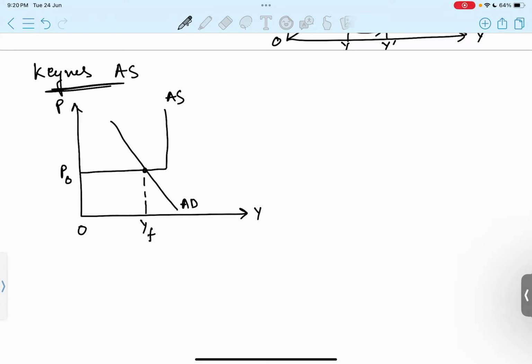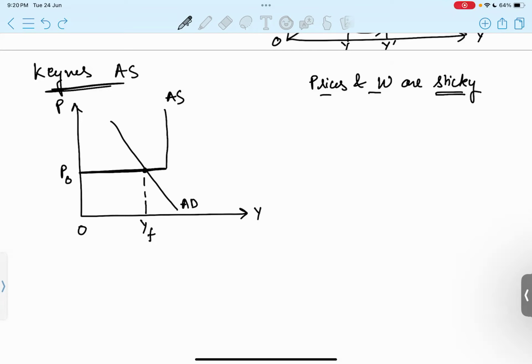So Keynes believed that the wages and the prices are sticky in nature. When we were covering the classical model, we believed that the prices and wages are flexible, which in a way helps in restoring the full employment equilibrium. In this case, since we are covering the Keynes aggregate supply, he believes both these variables are sticky in nature, they're not going to change. That is why this portion is perfectly elastic, because again, price is not going to change so easily because of its sticky nature.